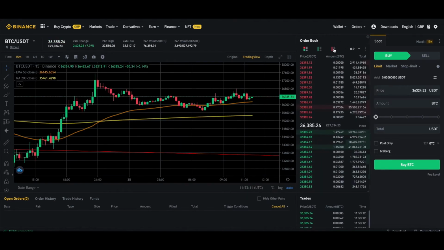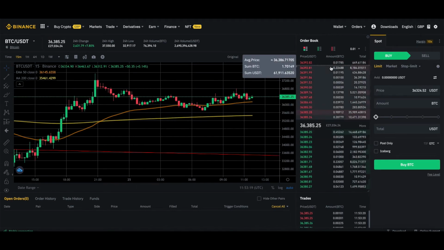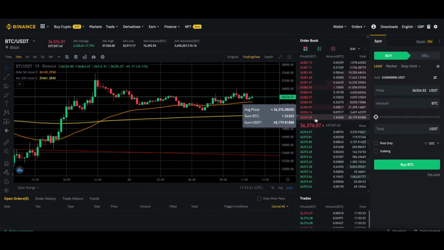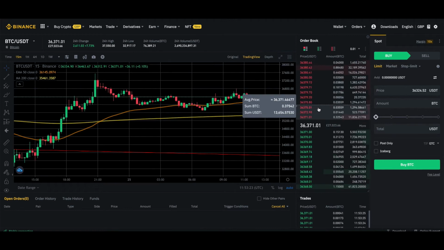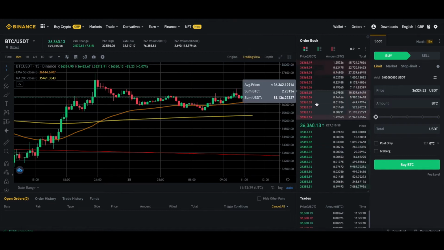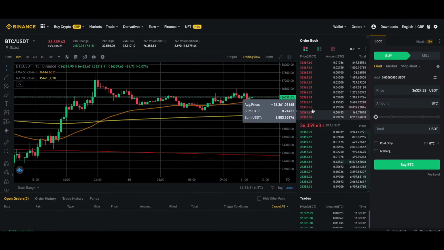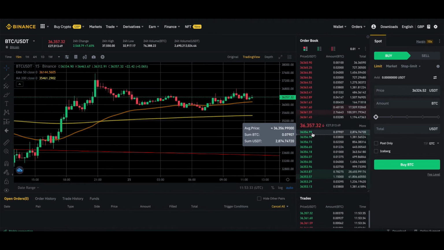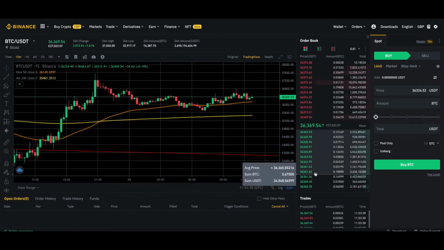Over here we've got the order book. So you've got all your bids down here in the green, and all your offers or asks in the red up here. Basically, all these people are selling, and they're putting the price of what they're selling for here, and all these people are buying, and they are putting the price of what they want to buy for here.